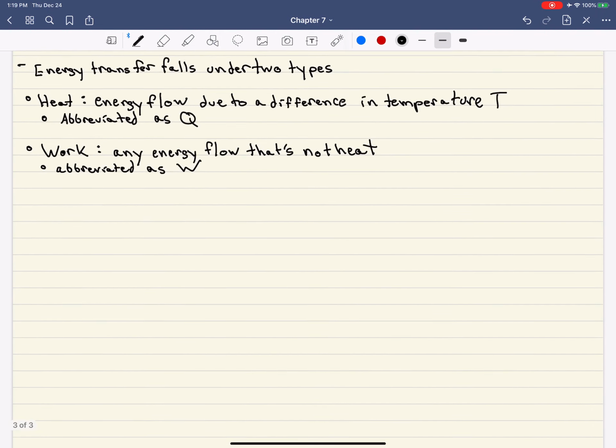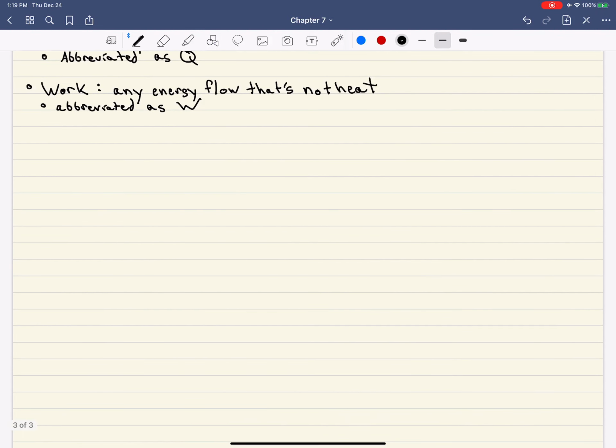Okay? Now, one major notation thing I want to define in this video is that whenever we're talking about heat or work, we're going to define these variables or these properties as positive if they're flowing from our surroundings to the system. Okay?